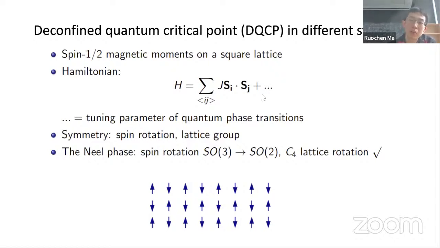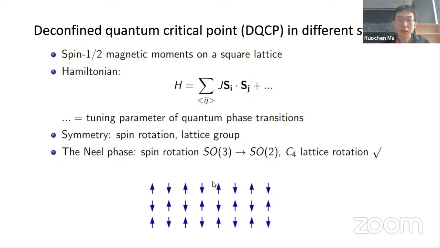All the couplings, the whole Hamiltonian, are required to be invariant under a certain symmetry group, which I will describe shortly. After you write down this Hamiltonian, you may ask yourself, what is the possible ground state? Probably the most obvious one is the so-called Néel collinear magnetic order, in which the spins are arranged into this up-down pattern.